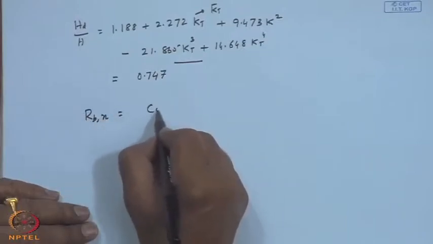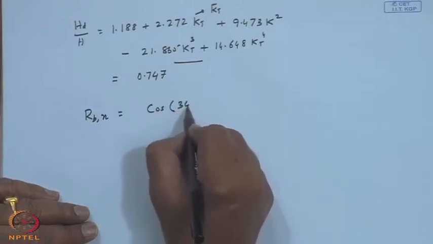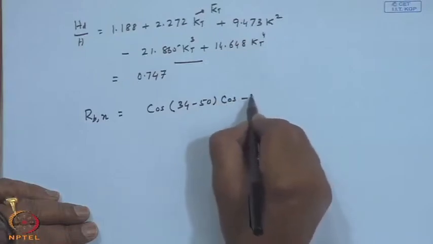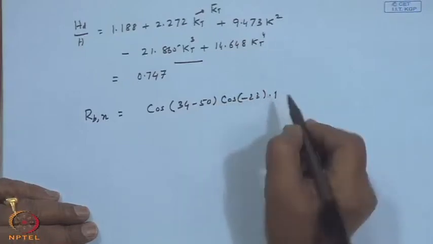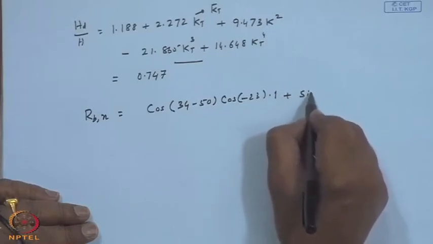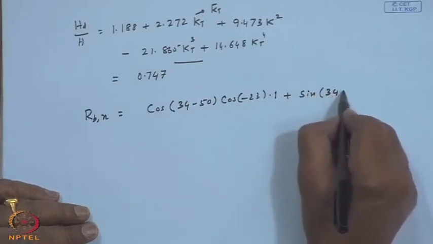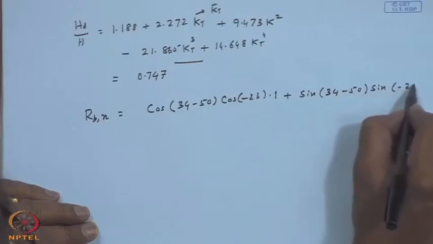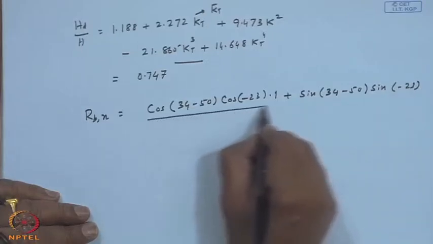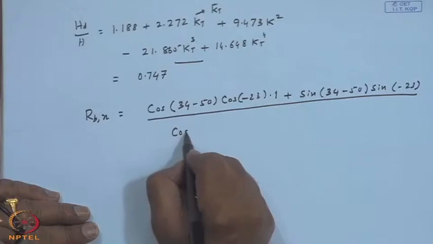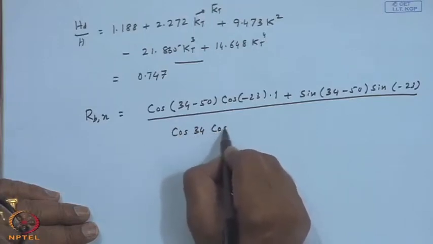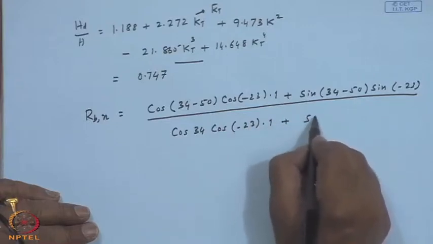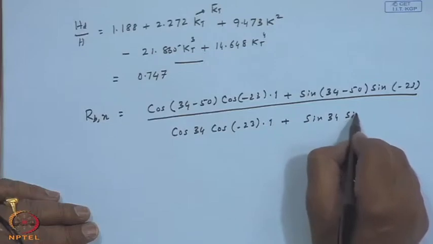This will be equal to cos phi minus beta, this we have done enough times, times cos delta into cos omega, which is 1, plus sin 34 minus 50 times sin minus 23 by cos phi, cos delta, cos omega plus sin phi, sin delta.